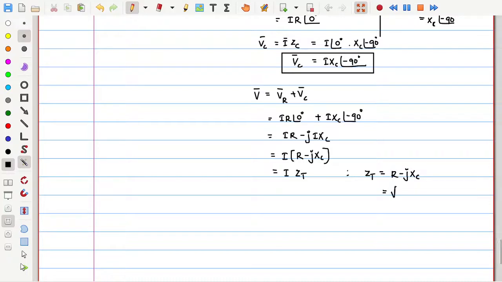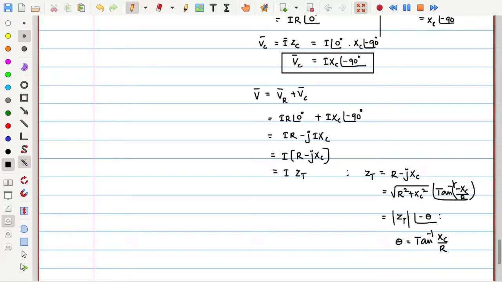So which can be written as square root of R square plus XC square tan inverse of minus XC by R. Tan inverse of minus XC by R. So which can be written as mod ZT magnitude at an angle of minus theta, where theta is equal to tan inverse of XC by R. Minus I have taken out.